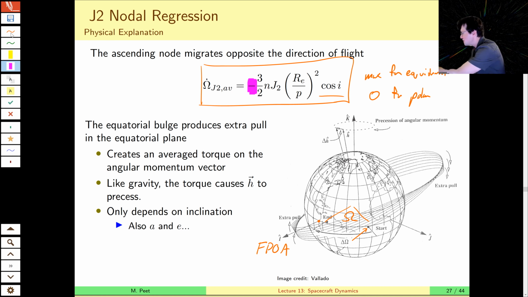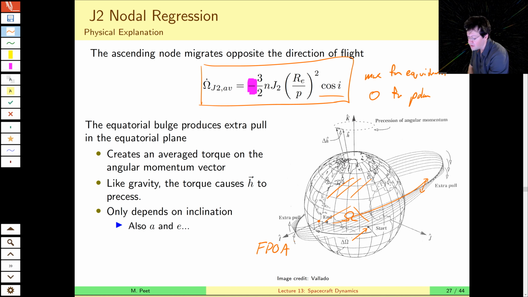And the reason for that, we can see here. You're flying around in your orbit, and there's a little bit extra pulling you down towards the equator, so that you get to the equator a little bit earlier than you otherwise would. When you get to the other side, you get to the equator a little bit earlier than you did the last time.